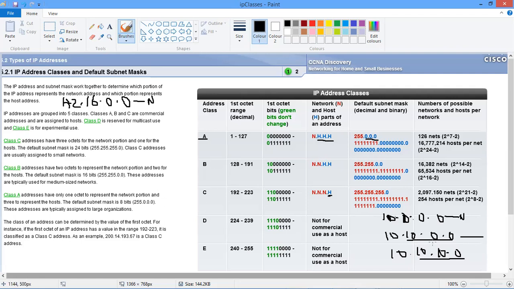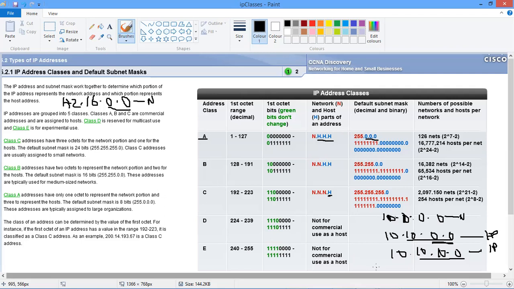Whereas I have 2 zeros here, but it's an IP address. You see the difference in classes and their addresses. This is an IP. This is also an IP address. But here, we have 2 zeros here. It is a network address. 2 zeros here, it's an IP address.